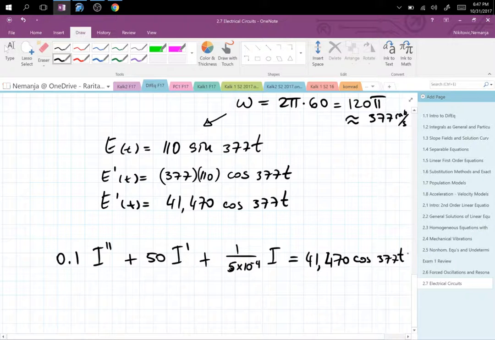I don't care how awful these numbers are. This is a constant coefficient equation. You solve this using section 2.4, whether you use variation of parameters or undetermined coefficients. It's going to be solved using that, right?